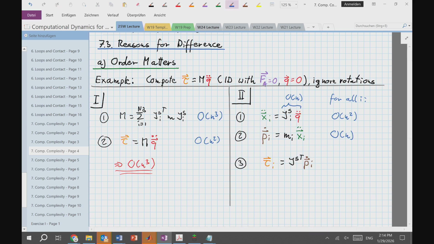What's the computational complexity of that? You say n cubed. N squared for all.